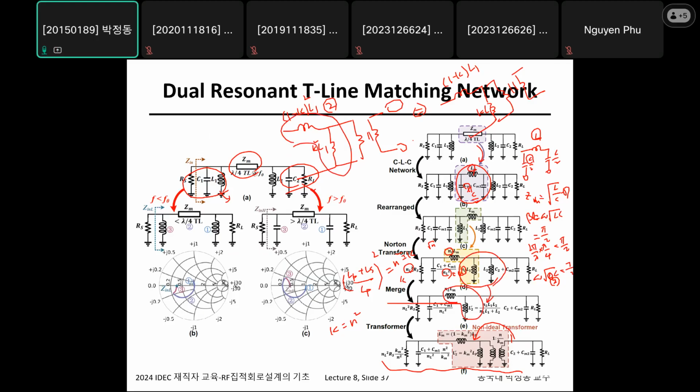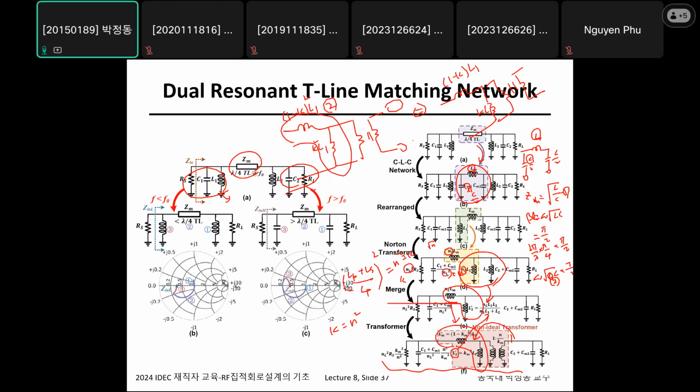So you just transform like this for this. Okay, so L prime is K M square LP. This is LM prime, and this is L2 prime, right?